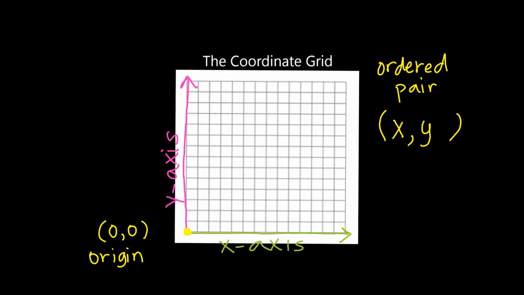On our origin, that means that I am going 0 values on my x-axis and 0 values on my y-axis. That's why it is at the very corner of my coordinate grid. Now we're going to get, in just a minute, some practice plotting different points on the coordinate grid.